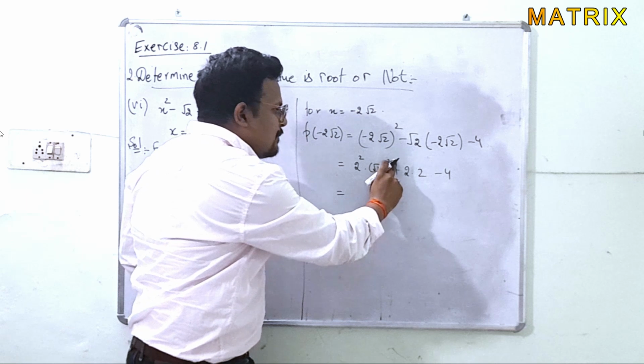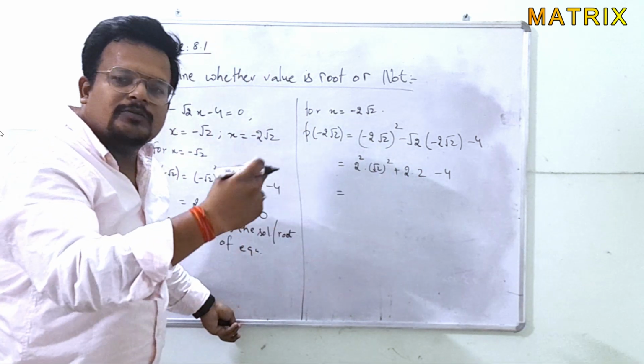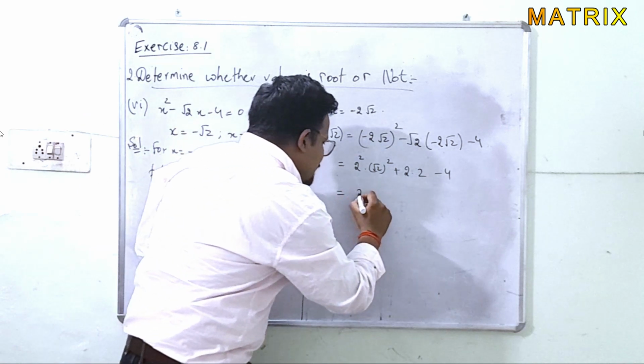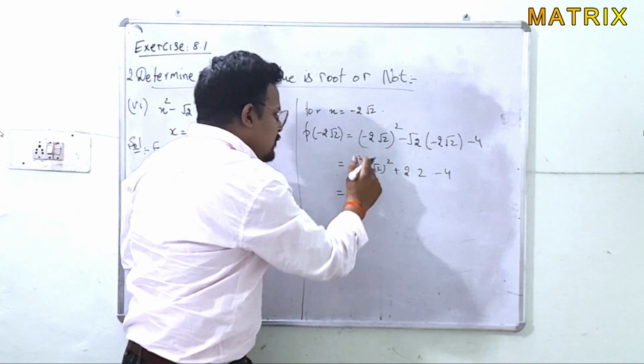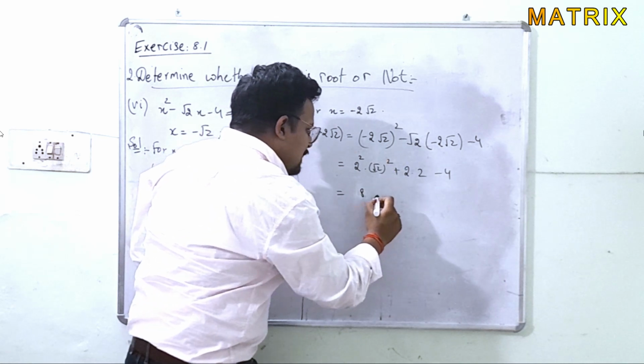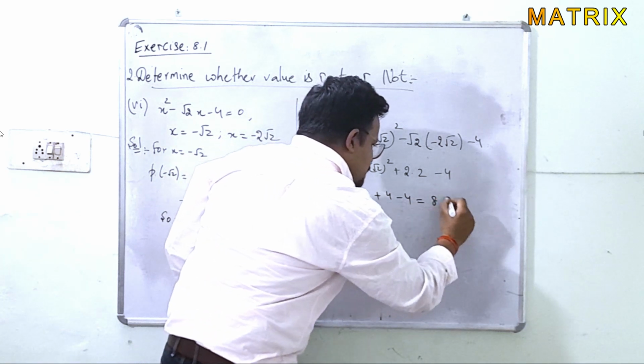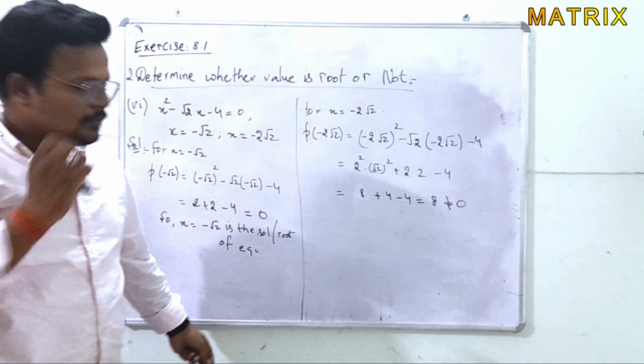This under root 2 raised to power 2 will be 2 only. So 2 multiplied by 2 raised to power 2. So how much will it be? 2 raised to power 2 will be 4, and this is 2, so it will be 8 only, and this is 4 minus 4, and this will be 8, which is not equal to 0. Clear?